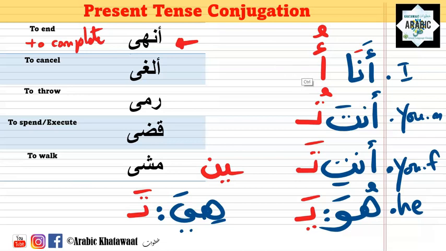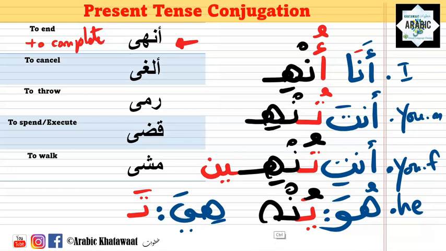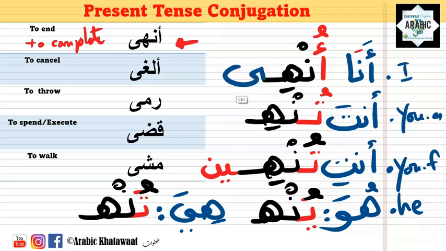Then I will put the base verb, which is نها: أنهي, تنهي, تنهين, and I'll keep two. تنهين. هو ينهي, and هي تنهي. I'll put the short or just the long vowel, I should say, the ya, and here I'll just mark it, ya again, yunhi, and then tunhi.